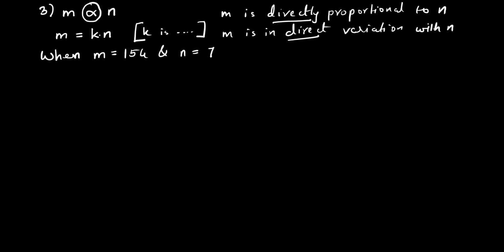So what will this become? 154 is equal to k into 7. So where will 7 go? It will become division, and go below on the other side. So tell me what to write in the next step. 154 upon 7 is equal to k. Okay, quickly cancel and tell me.